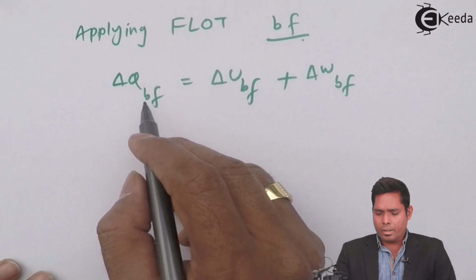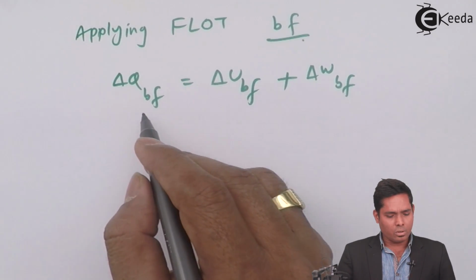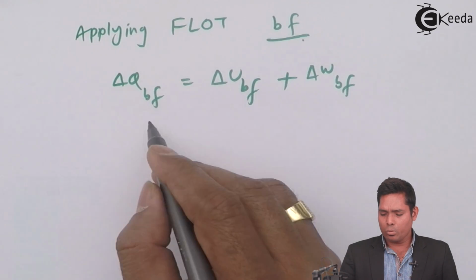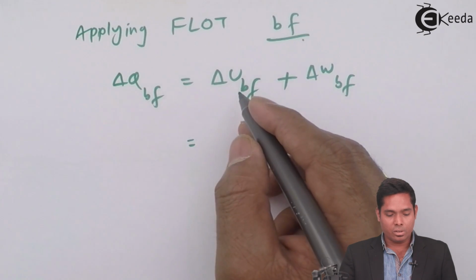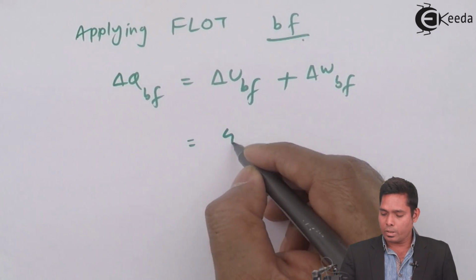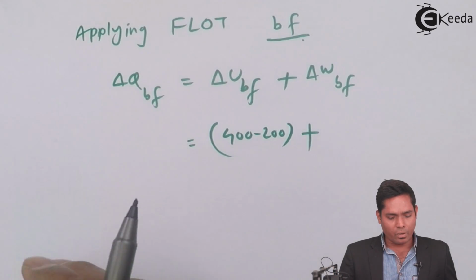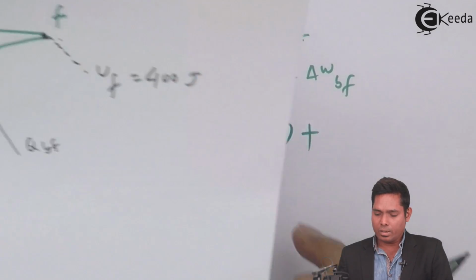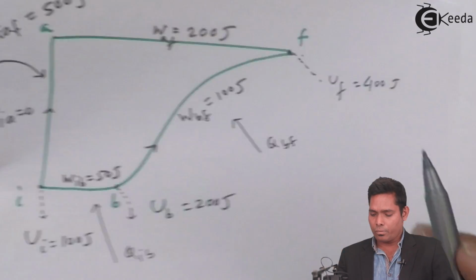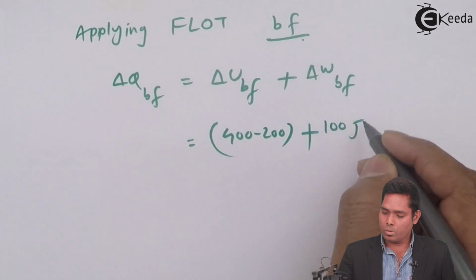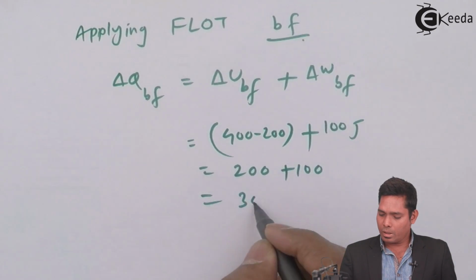Q BF is the question. The change in internal energy is 400 minus 200, plus the work done, which is given in the question as 100 joule for BF. So it is 200 plus 100, it is 300 joule.